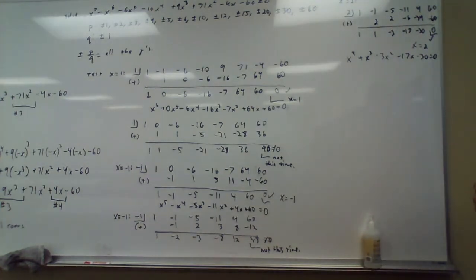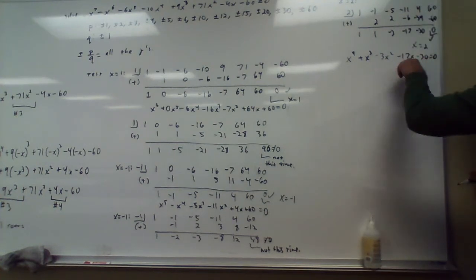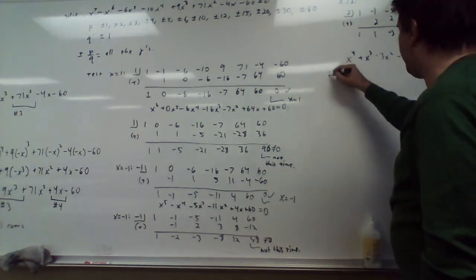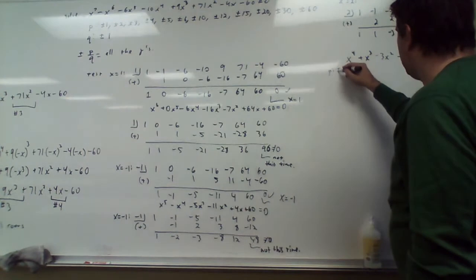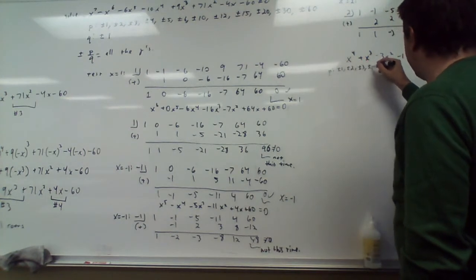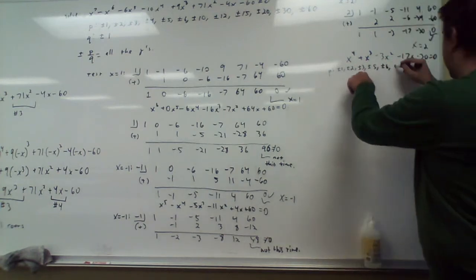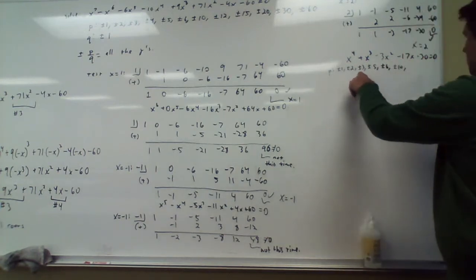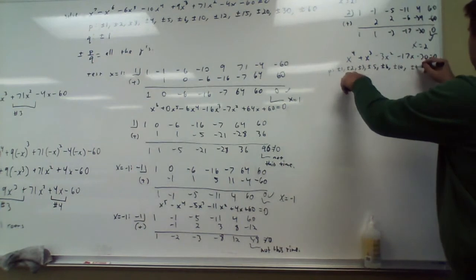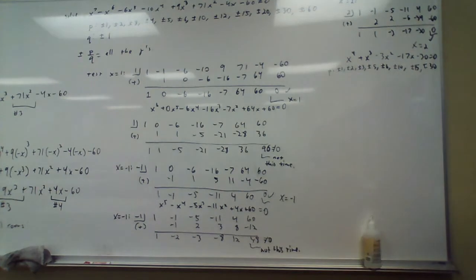All right? So because the constant has changed, I'm going to revisit the p's and q's here. Okay? So p is all my factors of 30. That's 1, that's 2, that's 3, that's 5, that's 6, that's 10, that's 15, and I'm sorry, 30. Division by 1 gives me the 30.